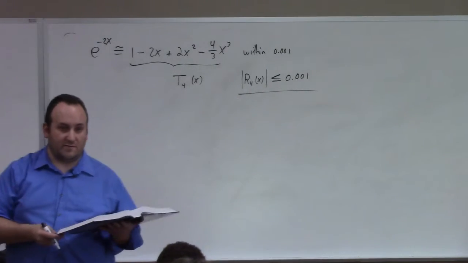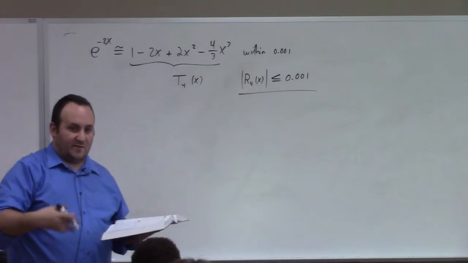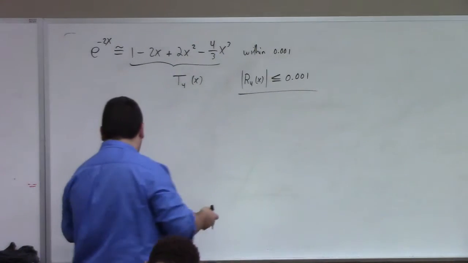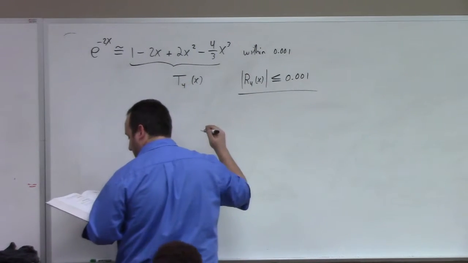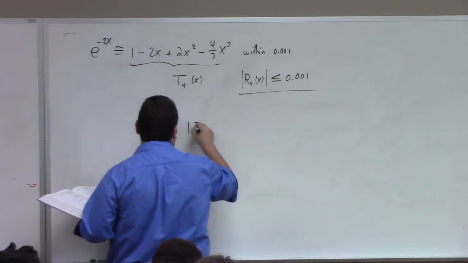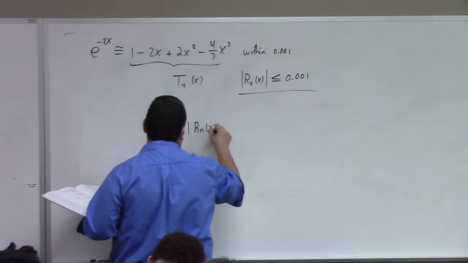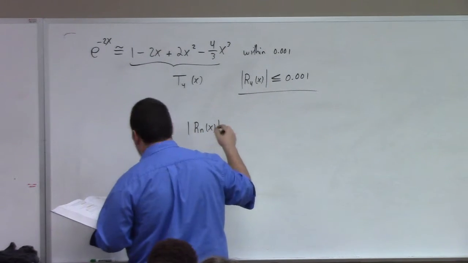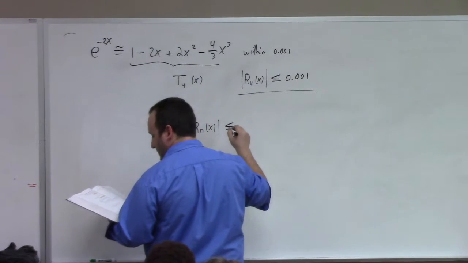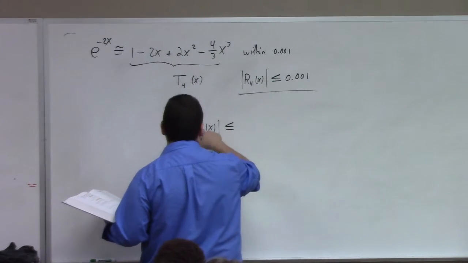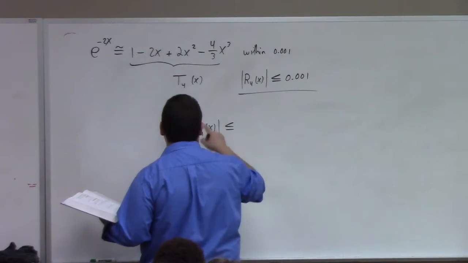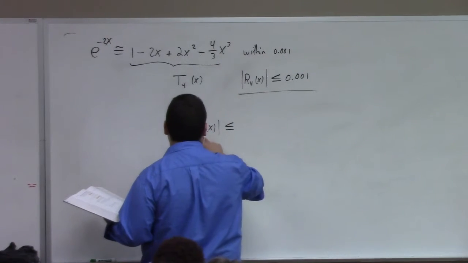That's how to formally state the error being less than that. X is a variable here, but we also have this to work with. The magnitude of the error term here is less than or equal to, and let's be specific, we're looking at 4, right? No, wait a minute, 3.